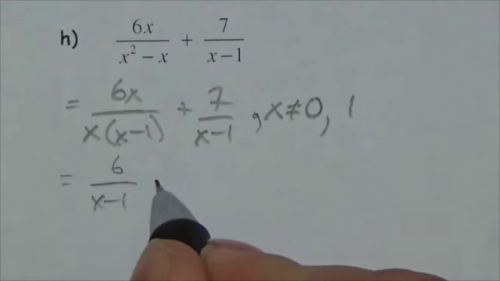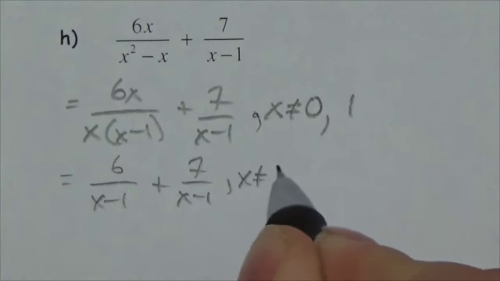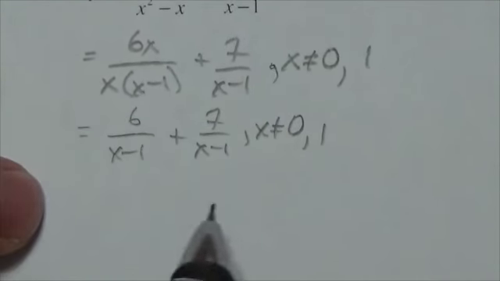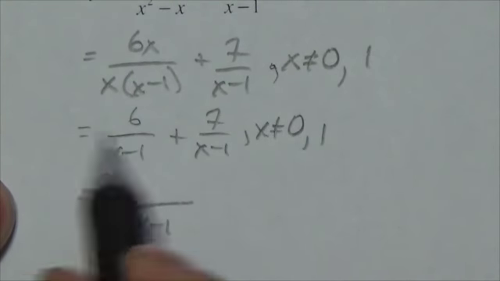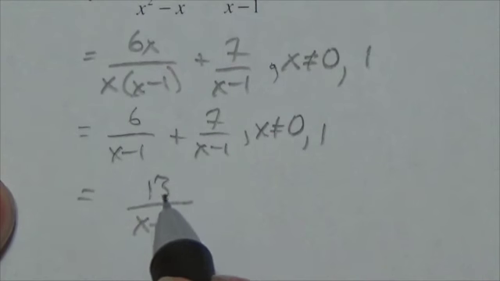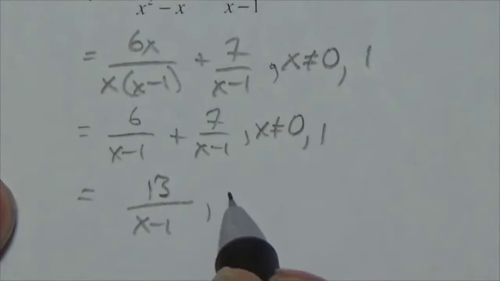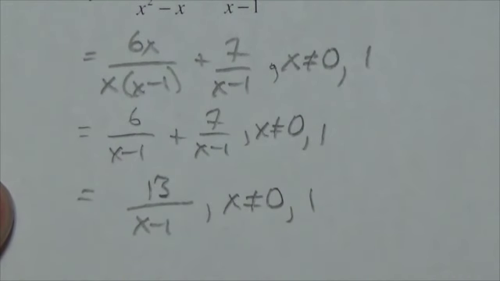Because there's already a restriction on this problem that x can't go to 0, and I have to keep writing that. So that actually frees me up to be able to do this. So now my denominators are the same. All I have to do is add the numerators. So I'm going to get 13 over x minus 1 as long as x is not allowed to equal 0 or 1. There you go.